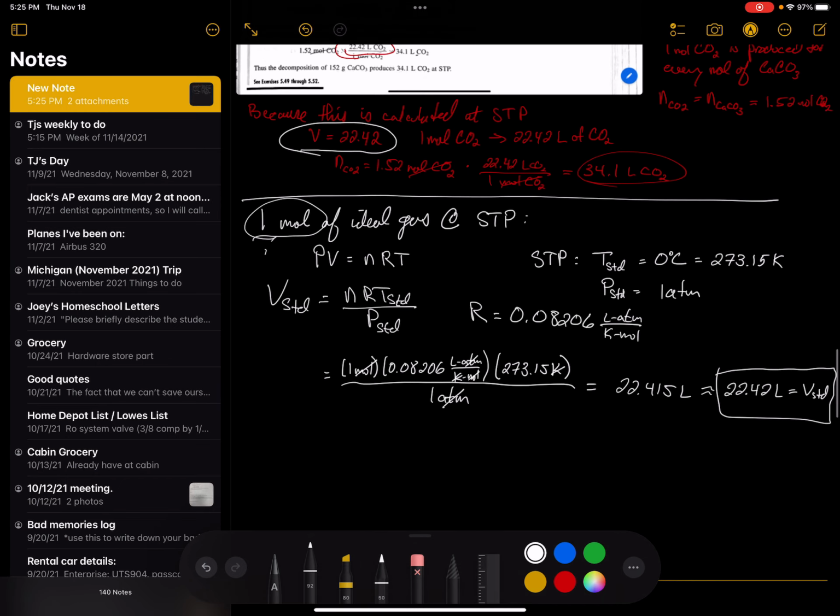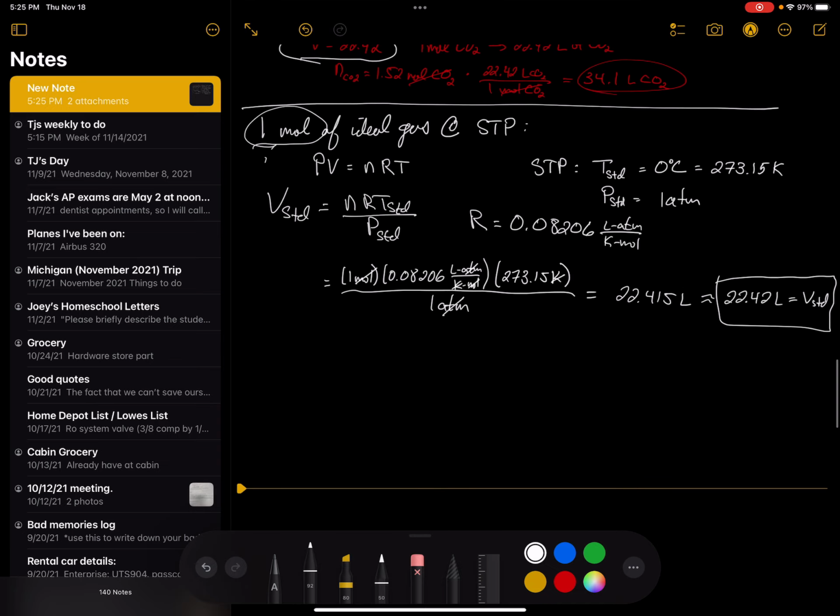And so you can just keep in the back of your mind, when you see STP, standard temperature and pressure, if you're dealing with 1 mole of ideal gas, that necessarily means that the volume of that 1 mole of ideal gas is 22.42 liters.